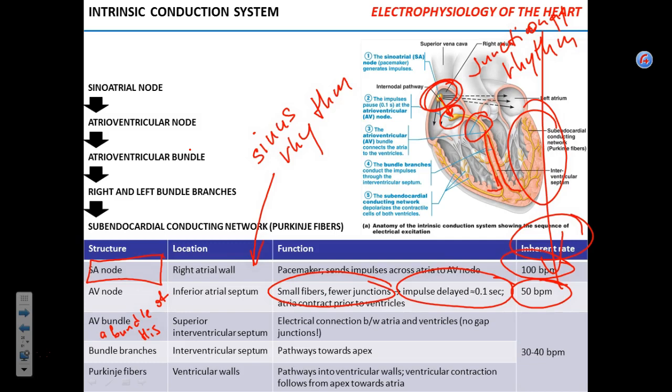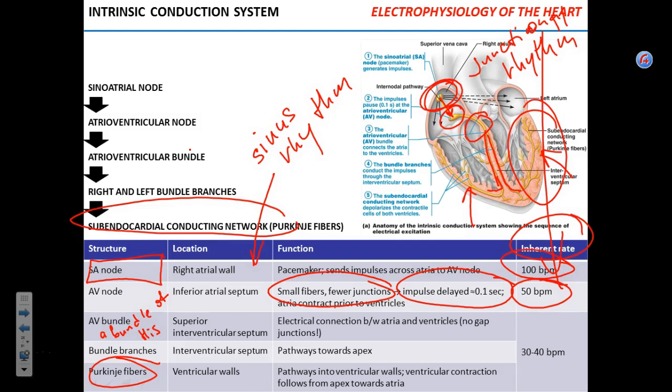And these fibers that end up in the ventricular wall are called Purkinje fibers. Okay? Sometimes it is called by a very fancy word, subendocardial conducting network. You need to know them as Purkinje fibers, basically. Okay?